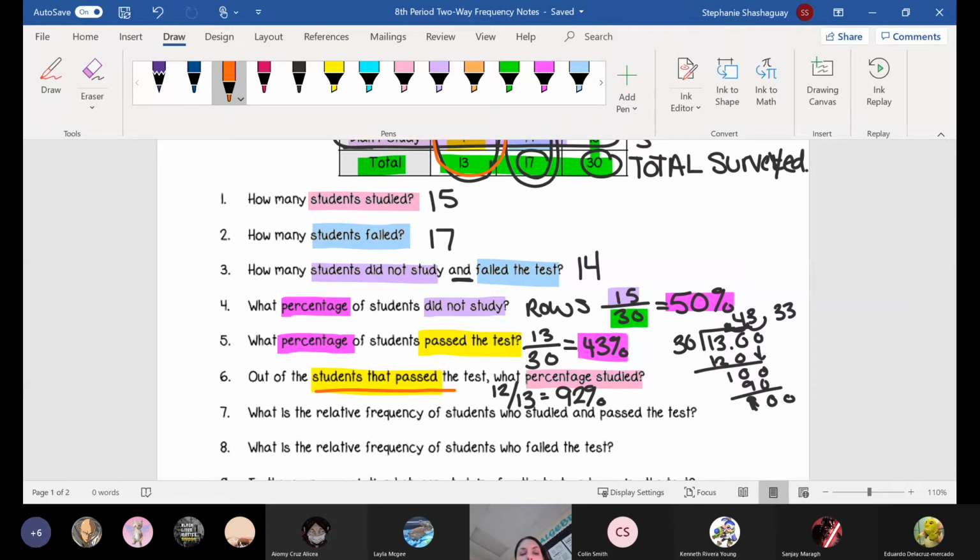What is the relative frequency of students who studied and passed the test? So now we're looking at that relative frequency that you're talking about in the beginning. And it's the number of times something occurs. So what is the number of times something occurs when students studied and passed the test?